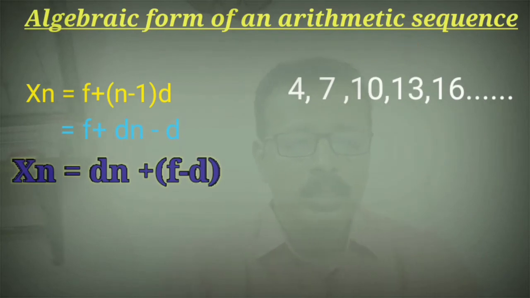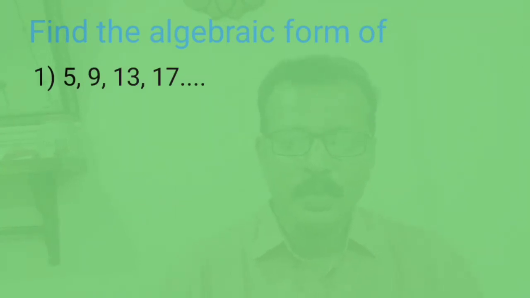Now let us try to solve some problems. Find the algebraic form of the first sequence 5, 9, 13, 17, etc. Here the first term is 5 and the common difference is 4.